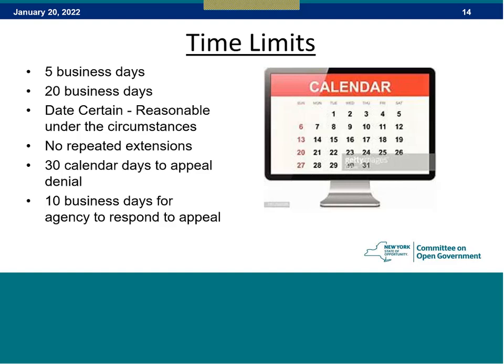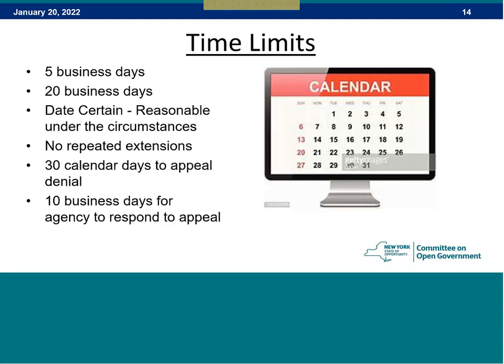However, the statute provides some wiggle room for circumstances where the agency is either dealing with a large number of FOIL requests, or the particular request that was received is voluminous or complicated and is going to require a long time to gather and review the records.